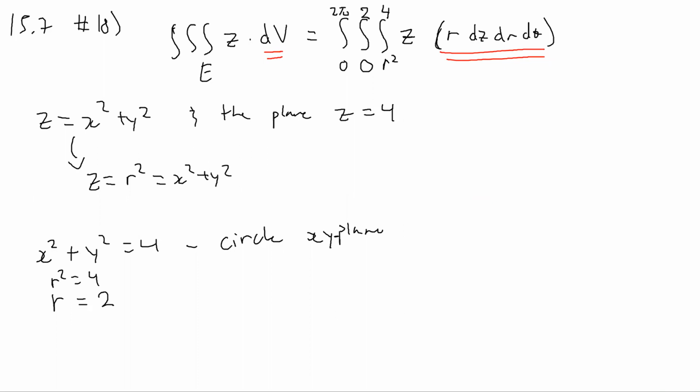Okay, so let's actually solve this triple integral. So we have 0 to 2 pi, and then I think it was 0 to 2, yeah, 0 to 2, and r squared to 4 of z r dz dr d theta.